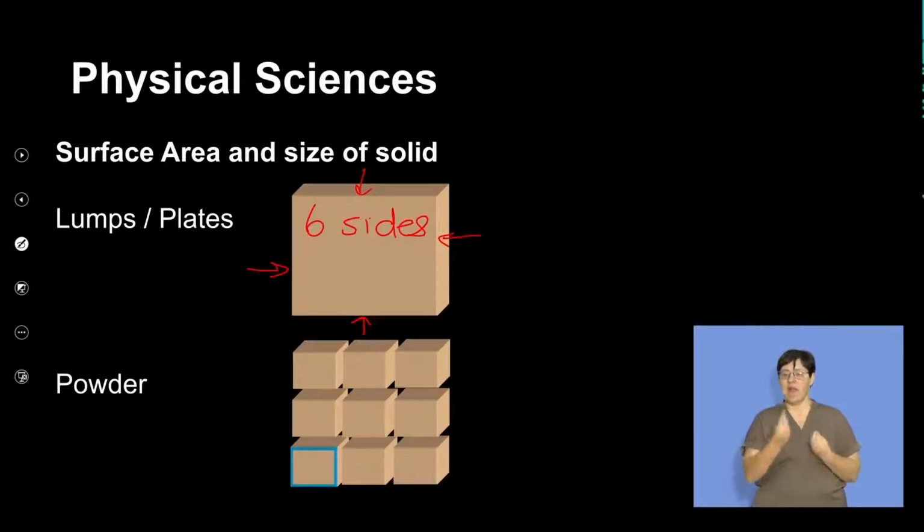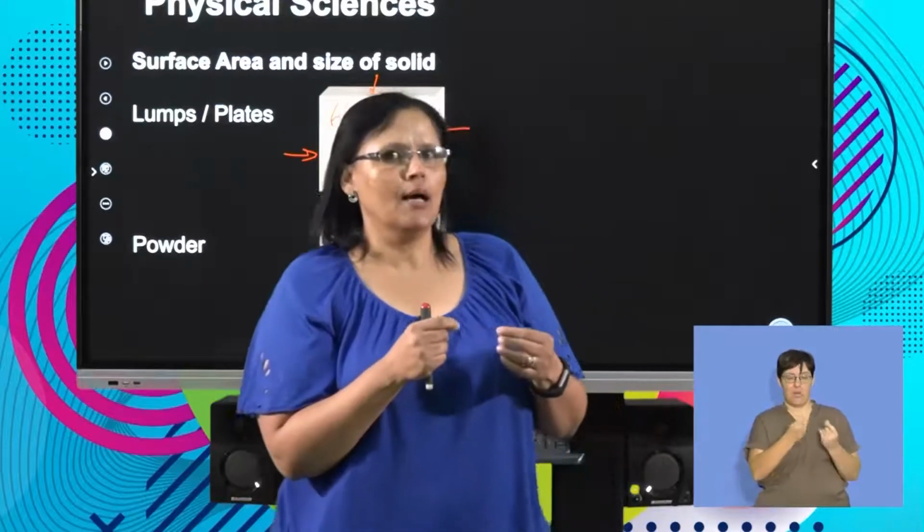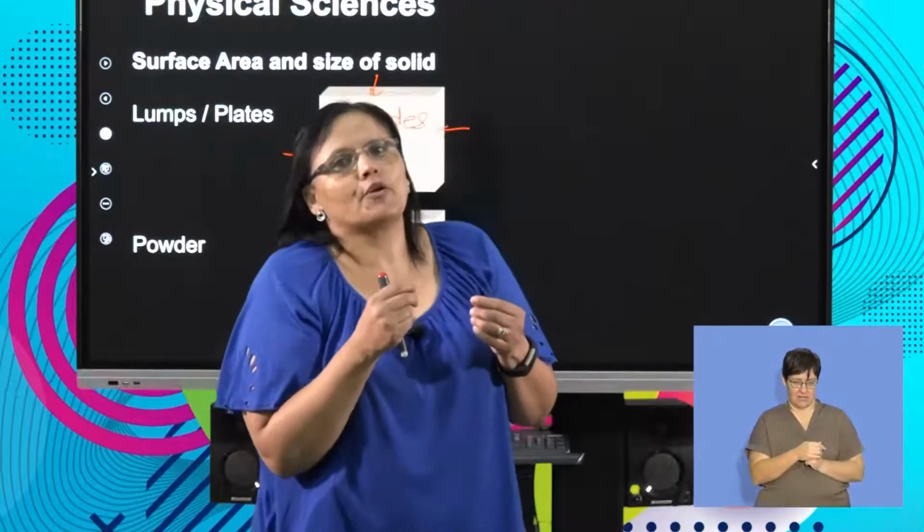But when we take that same piece, that same lump of your reactant, and you make it finer, you make it into powder form. Let's say every one of the small squares is a powder, a piece of powder granule.